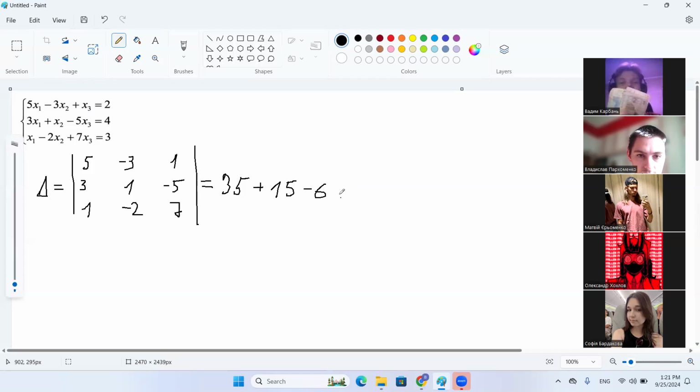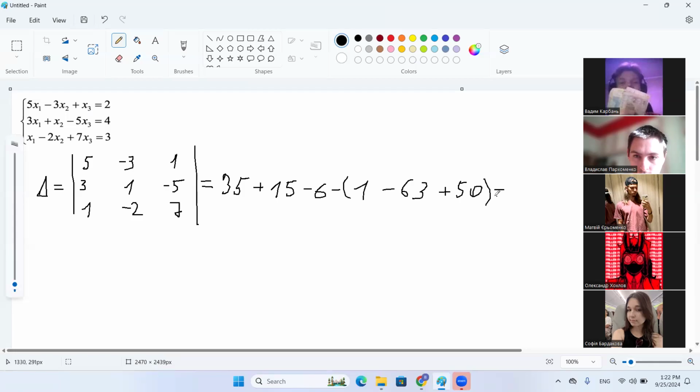After that, I usually write a minus and then brackets. Good idea. So here we get 1 times 1 times 1, it will be 1. 3 times minus 3 times 7, it will be minus 63. And minus 2 times minus 5 times 5 will be plus 50.